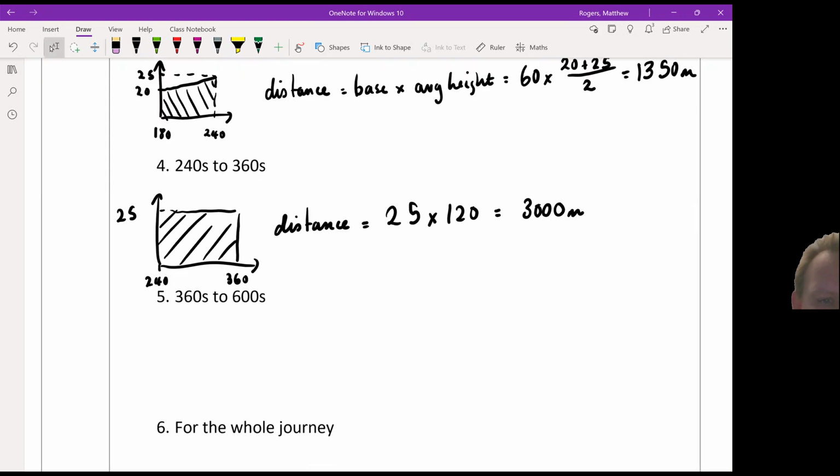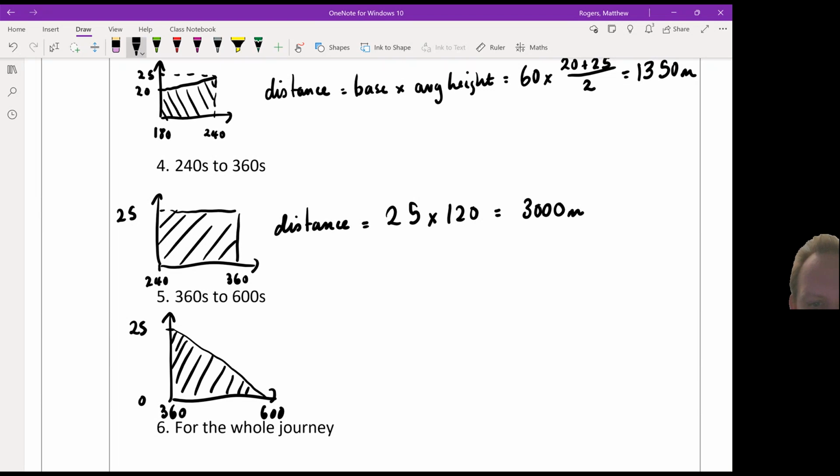From 360 to 600 seconds, so the final part of our graph goes from a speed of 25 down to a speed of 0. Should be a straight line. Doesn't look very straight, does it? It'll do. Again, we've got a triangle, so the distance is equal to half times the base times the height.